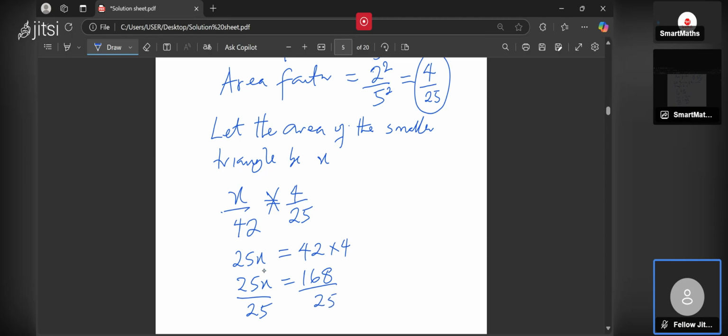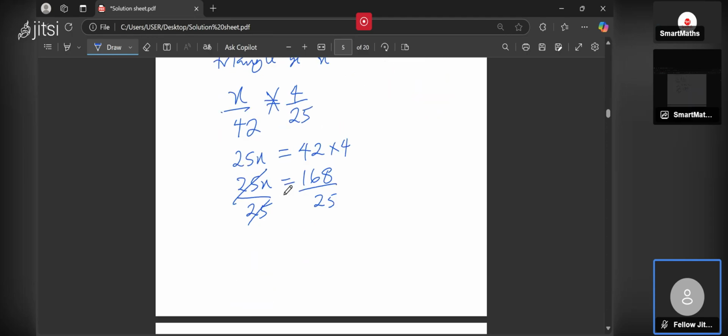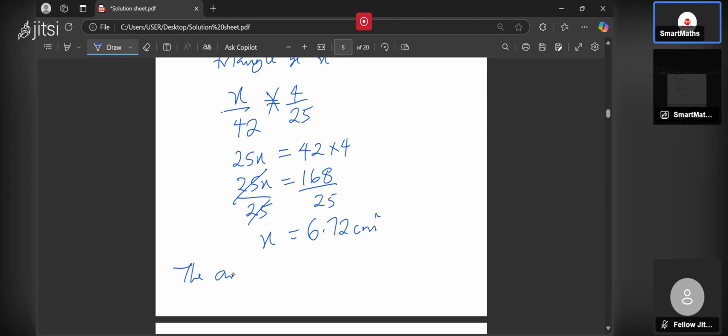So the area x will be 168 divided by 25, and that gives 6.72. So the area of the smaller shape is 6.72 centimeters squared.